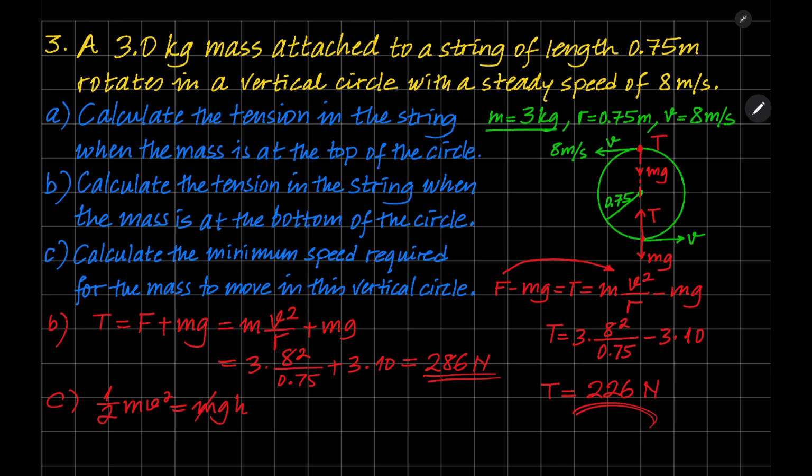We can cancel this m with this one. Which implies that v squared is equal to 2gh, which implies that v is equal to the square root of 2gh. Let me erase this part.